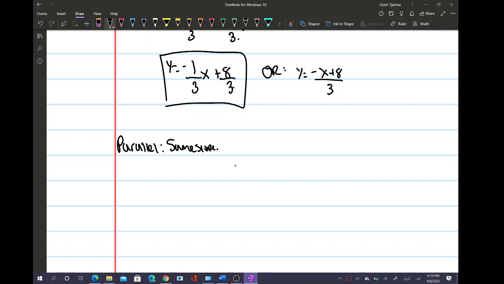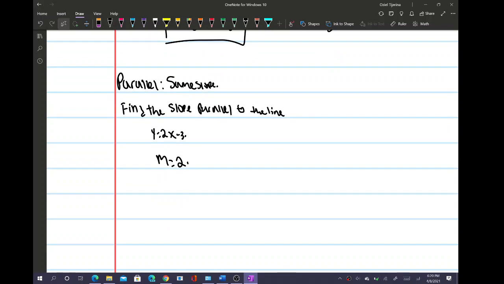So for example, if I say find the slope parallel to the line y equals 2x minus 3, it would be m equals 2, right? Because parallel is always the same slope. You don't have to change it at all.